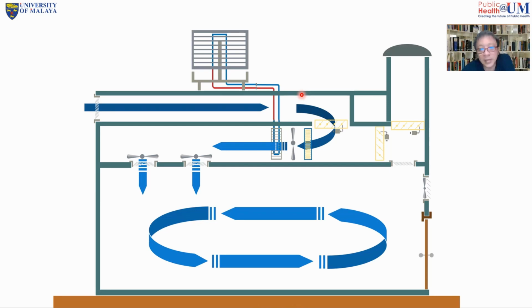All right, so it shows a centralized air conditioning system where the air comes from another area and flows in, and it is made cold and dehumidified, and then circulated.